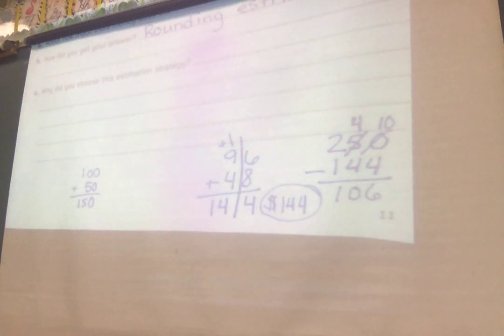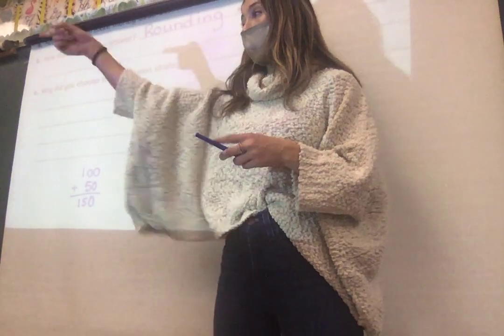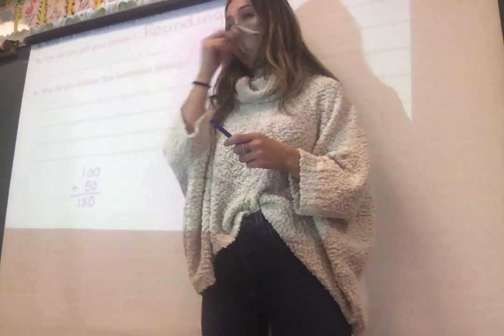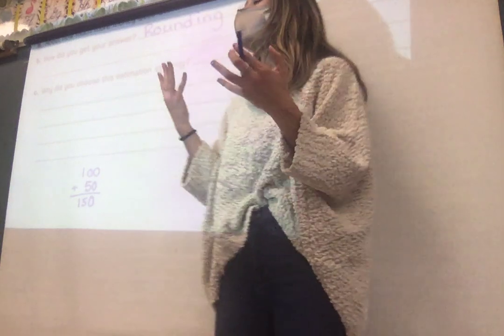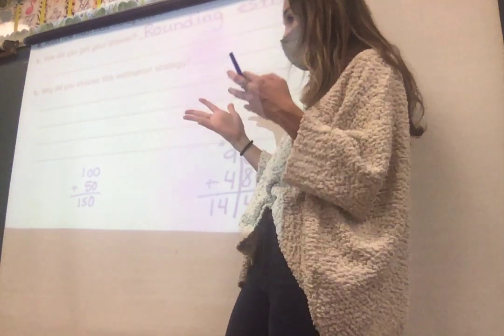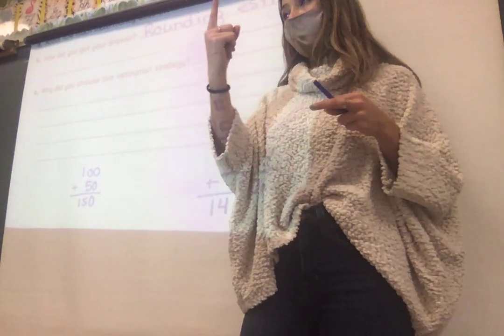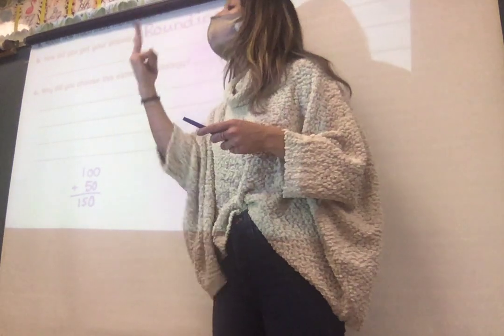All right, so that is it on estimation. Wonderful job. So just to recap, there are 3 types of estimating. Somebody tell me one of them. Titan. Rounding, where you're rounding to the nearest 10 or the nearest 100, depending on what number you're working with. So you've got rounding. Miranda. Close to.